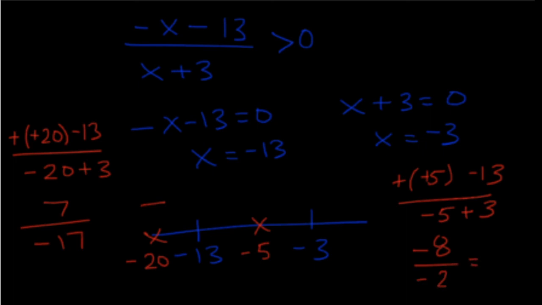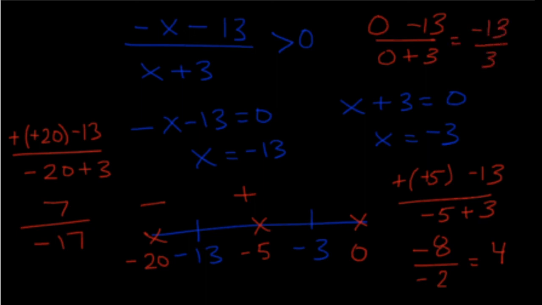And that's just positive 4. So this is positive. Then I'm going to plug in a number greater than negative 3. Let's say 0. I'll put it up here. 0 minus 13 over 0 plus 3 will give me negative 13 over 3, and that's negative.